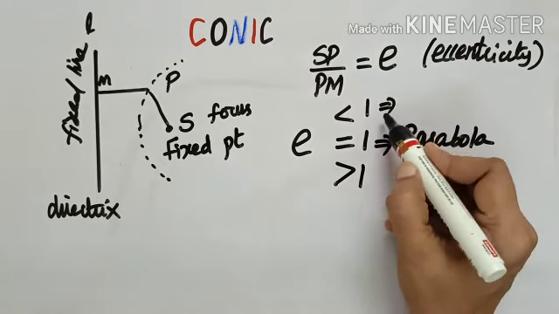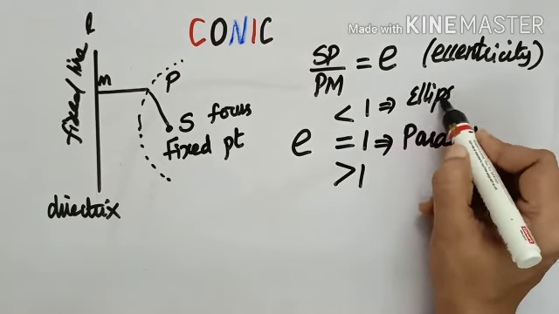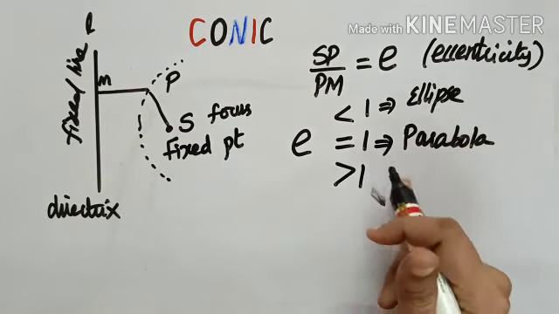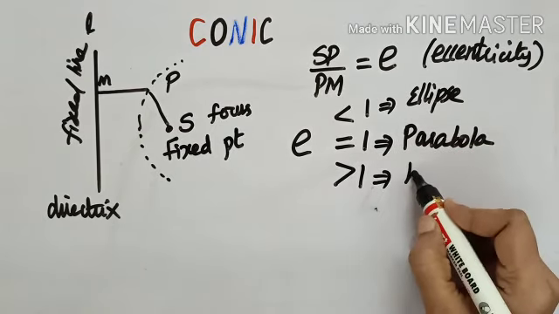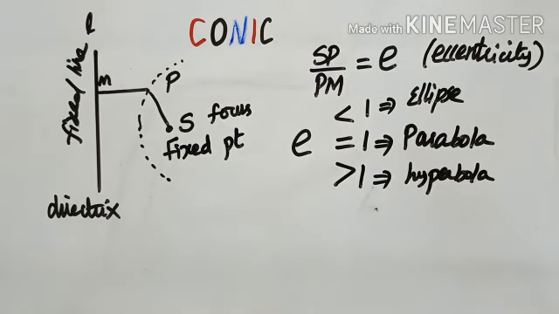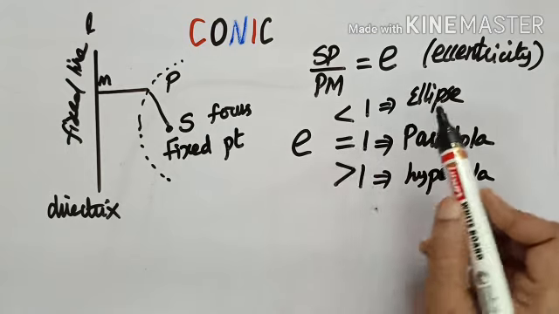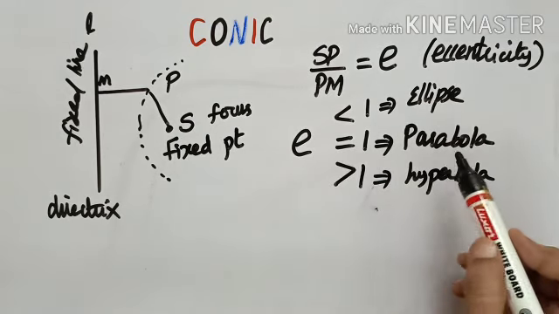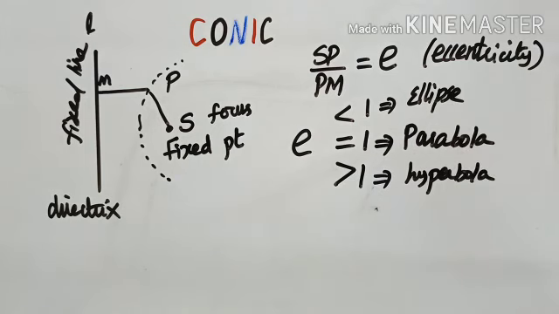And E less than 1, I get an ellipse. And E greater than 1, I get a hyperbola. So the three different shapes we decide using the value of E. E below 1, it is an ellipse. Above 1, it is a hyperbola. And equal to 1, it is a parabola.